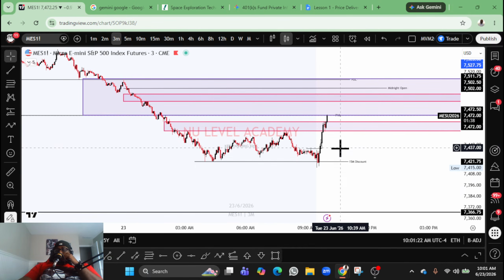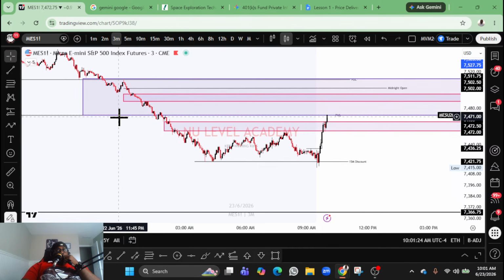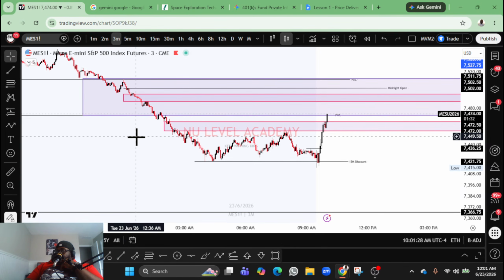Strong bullish candle. Very strong bullish candle. Hmm.